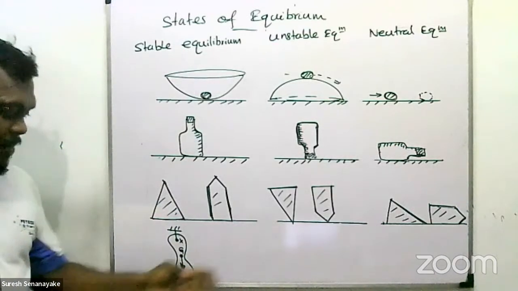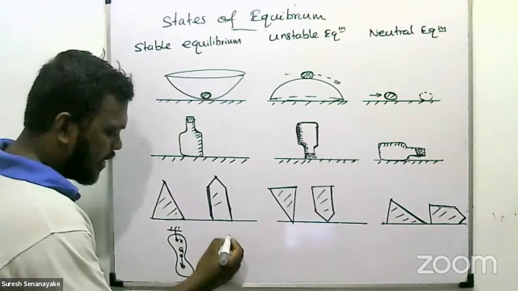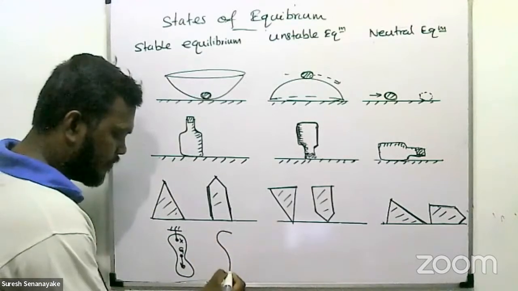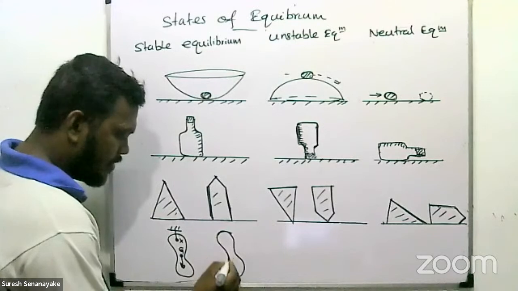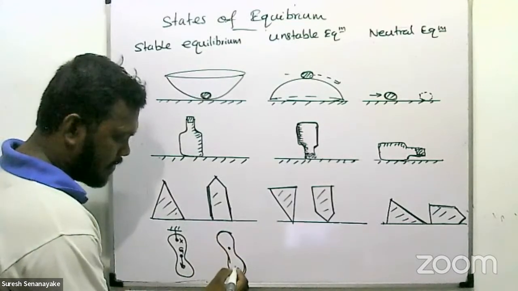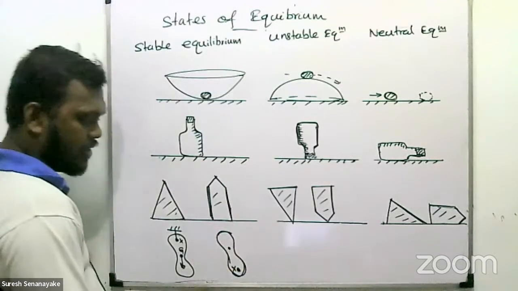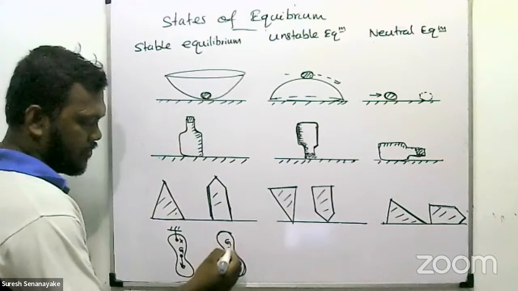Make it slide this way, and the body can also be pivoted at a point below the center of gravity. The pivoting point is this point now. Now the center of gravity is above.